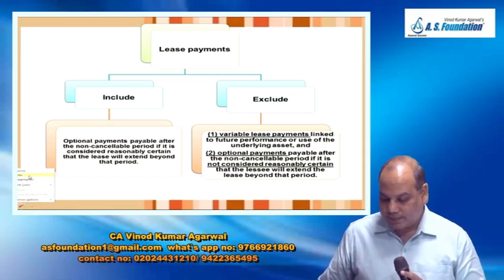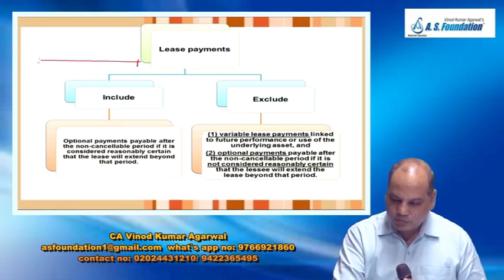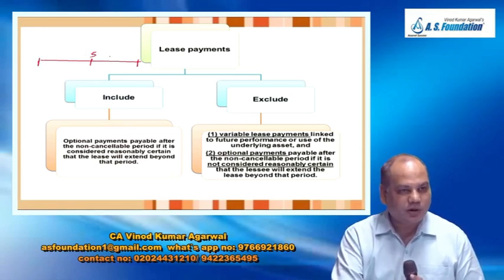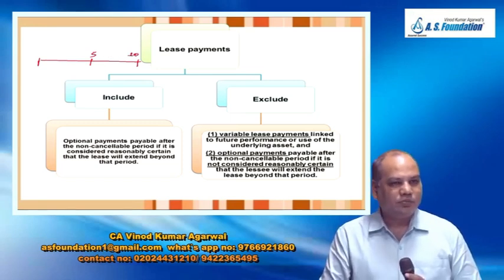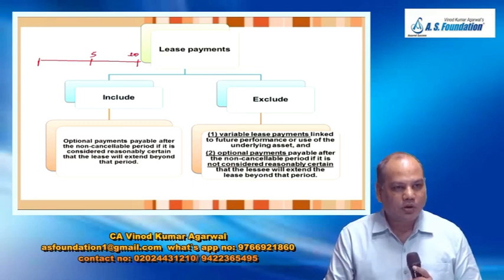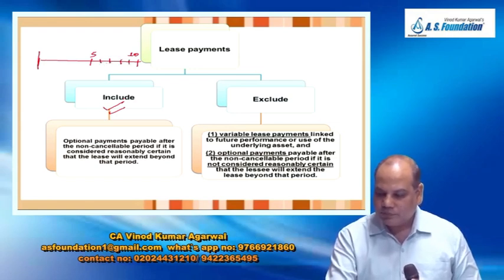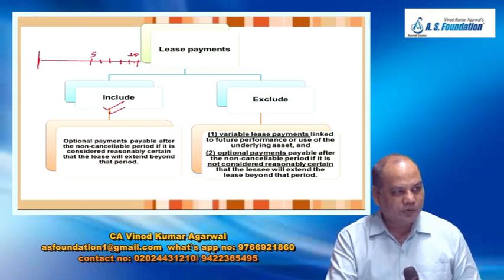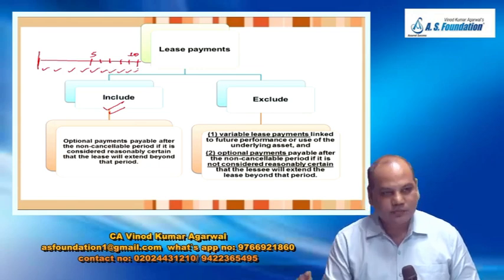Now suppose 5 years is the non-cancelable lease term, and there is an option to extend it up to 10 years. Now, we are here right now. If you are reasonably certain that you are going to extend beyond 5 years up to 10 years, then lease payment will include 10 years of lease payments.